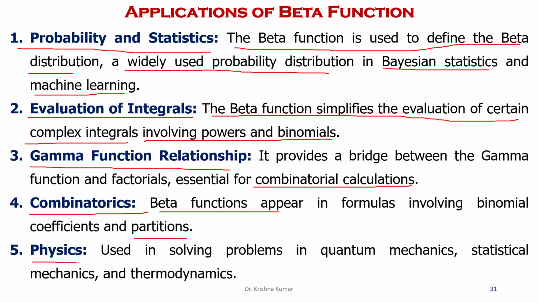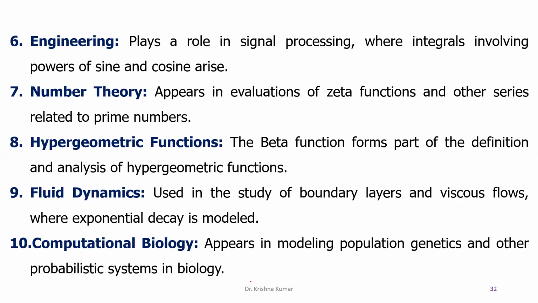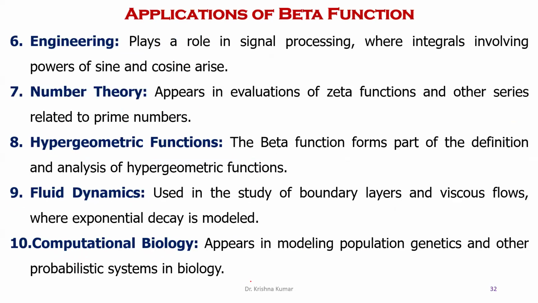It is also useful in physics, in which it is used in solving problems in quantum mechanics, statistical mechanics, and thermodynamics. The sixth use of the beta function is in engineering. It plays a role in signal processing in electronics engineering, where integrals involving powers of sine and cosine arise.